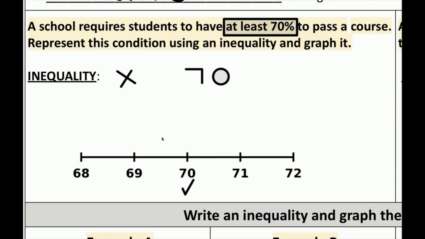So then we'll ask ourselves, if the student gets a 71, do they pass? Yep. 72? Yep. What about a 69? Nope. If the student gets a 69, they don't pass the course, so that is not included in the solution. So because 70 is included, we're going to do a closed circle.